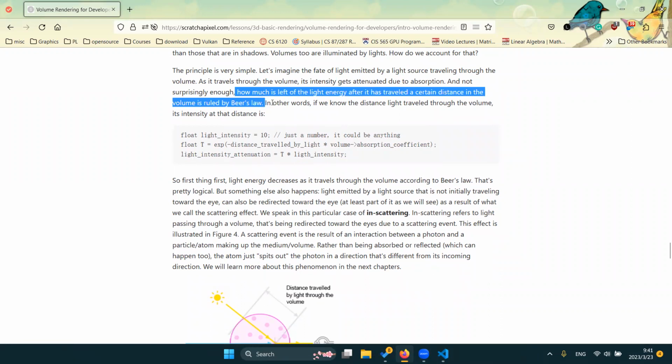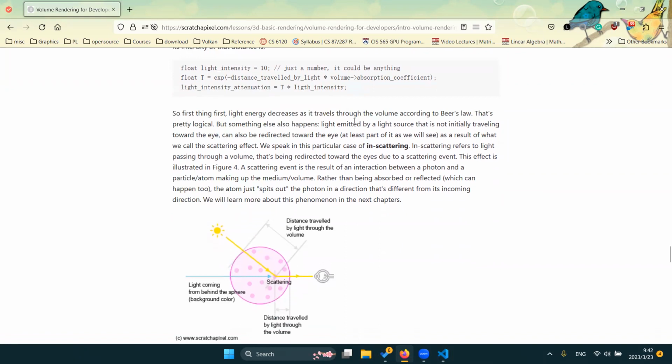And it's the same Beer's law, and we get this light intensity attenuation.